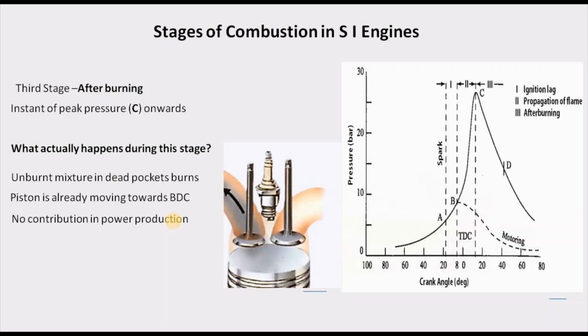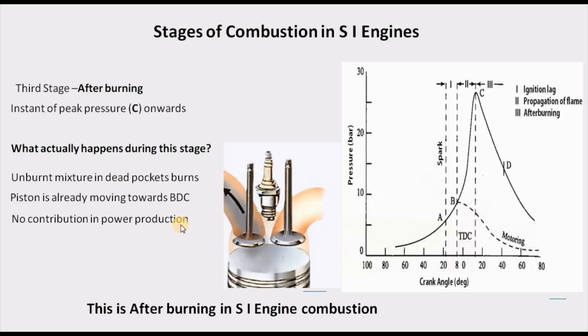So in other words, the fuel burning in the third stage of combustion, which we call afterburning, is not going to contribute to the production or increase of power. Whatever fuel is burning in the third stage, we can say it is going to be wasted. So this is what generally happens in the third stage of combustion.